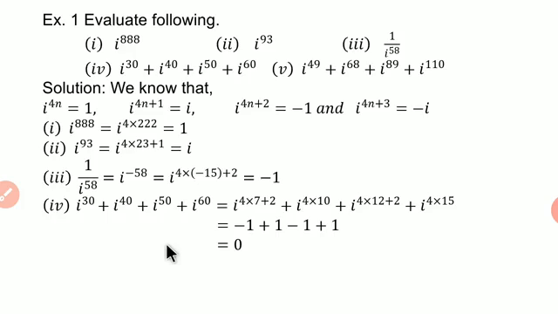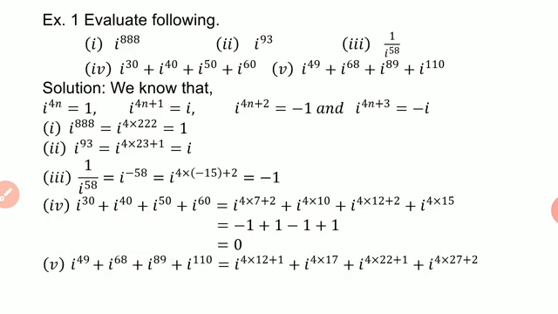See the next example, example number 5. i raised to 49 plus i raised to 68 plus i raised to 89 plus i raised to 110. In the similar way, we expand the powers. Here it is i raised to 4 into 12 plus 1 plus i raised to 4 into 17 plus i raised to 4 into 22 plus 1 plus i raised to 4 into 27 plus 2.